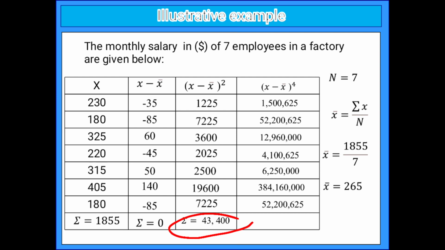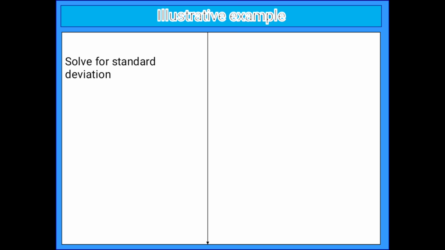And then again, 85 to the fourth power is 52,200,625. So we're going to get the summation for this as well. And the total for all of this in the fourth column is 513,372,500.